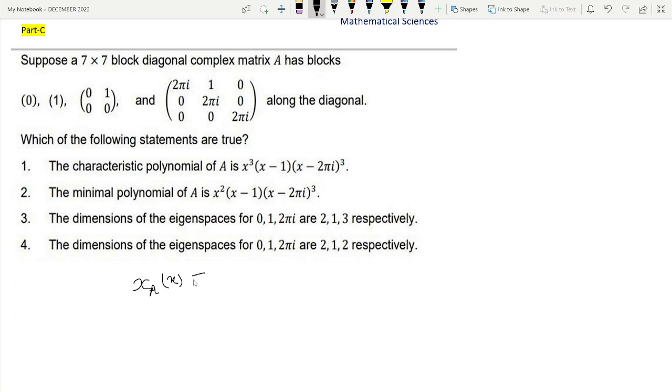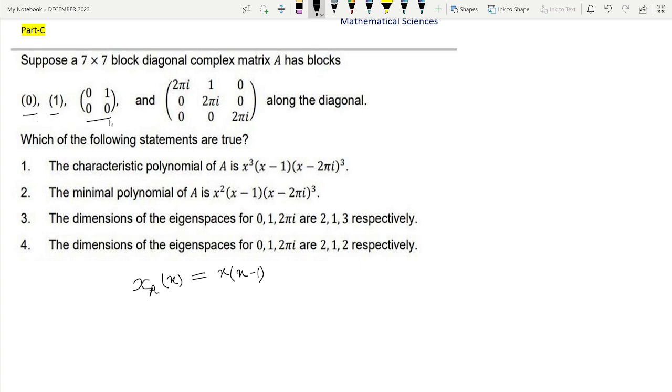First, this is a block of size 1, so 0 will be an eigenvalue. So this is x minus 0, so this is x. Then this is 1, a block of size 1. So x into x minus 1. The characteristic polynomial will be like this for these two blocks.